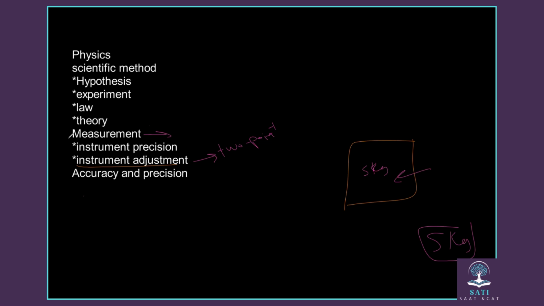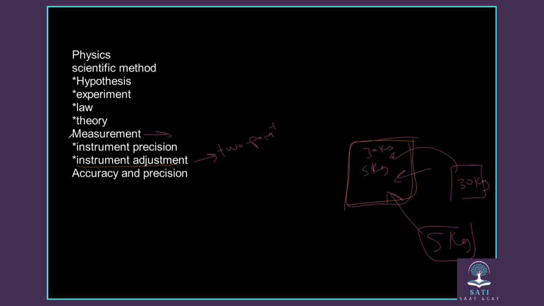Now I take another point. For example, I take another one, which is 30 kilograms. So when I put it here on the scale, and when it gives me now 30 kilograms, that means now I made sure that the instrument is adjusted. So that means now we are able to use it correctly.